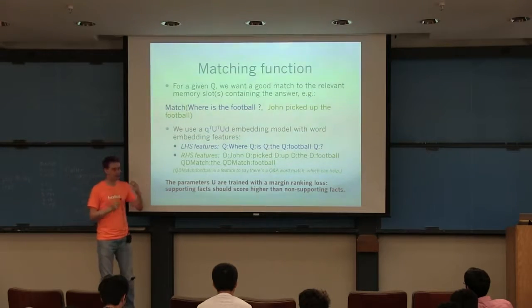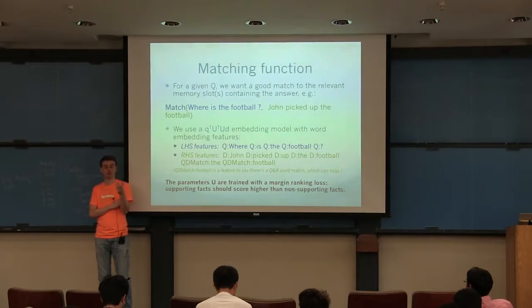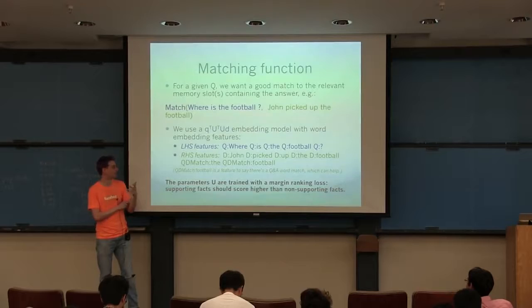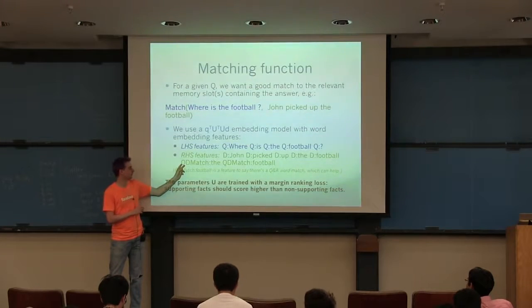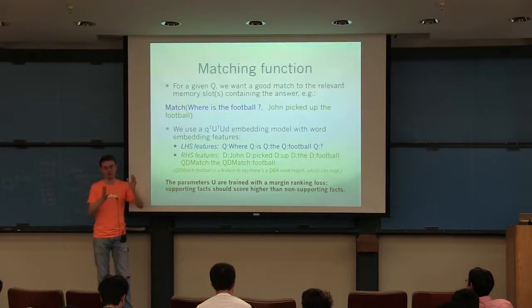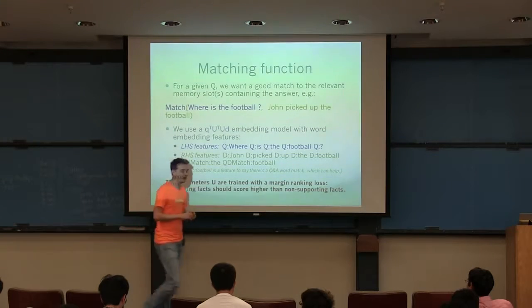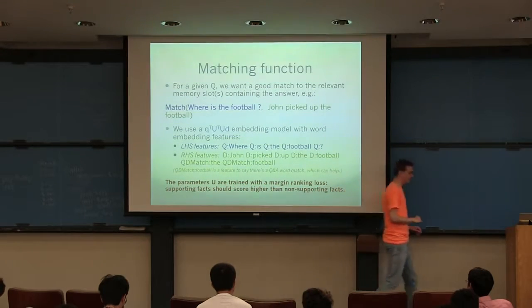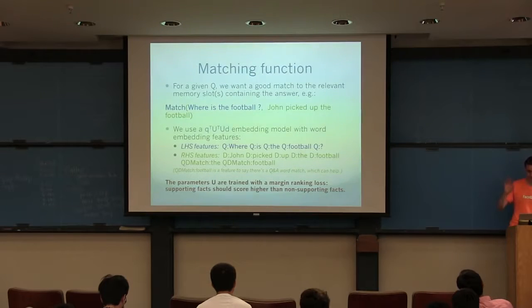Then we won't have a word embedding for that word, Boromir, because we haven't ever seen it before. But you could have a special QD match feature that basically says there is some match between them, but I don't know what it is. We're going to use that later, but it's kind of an extra sugar on top, really.